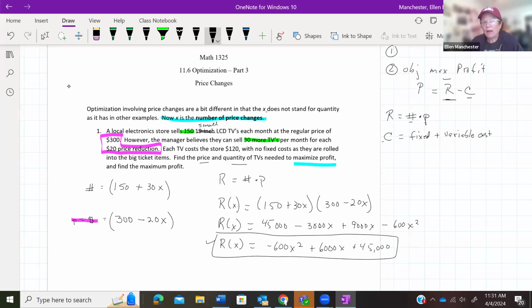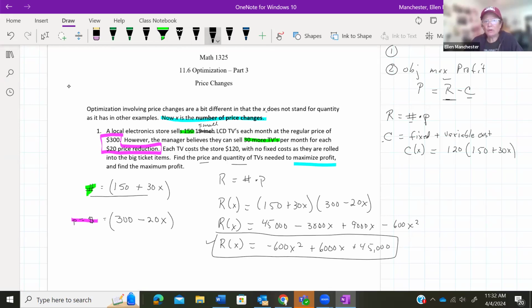All right, now to find my cost. It says each TV costs the store $120 with no fixed costs. Okay, so the variable is 120, and there's no fixed cost. So it's 120 times the number of TVs. Normally this variable cost would be 120 times X, but that's when the X represents the number of TVs. Now our number of TVs has changed.